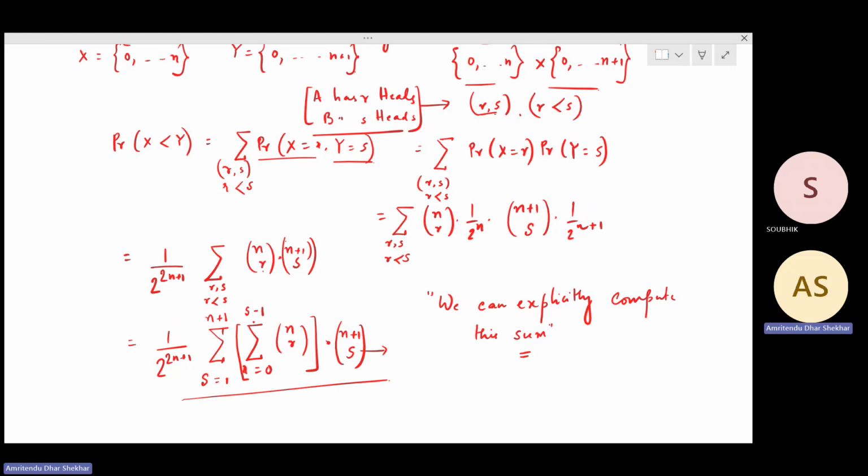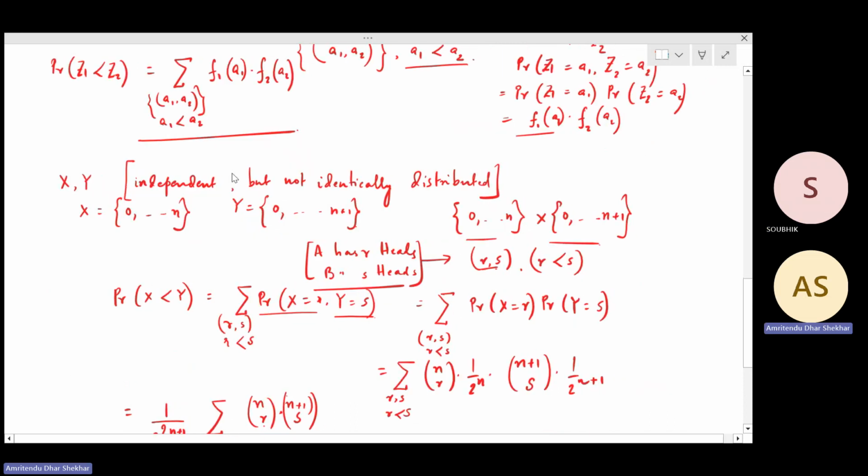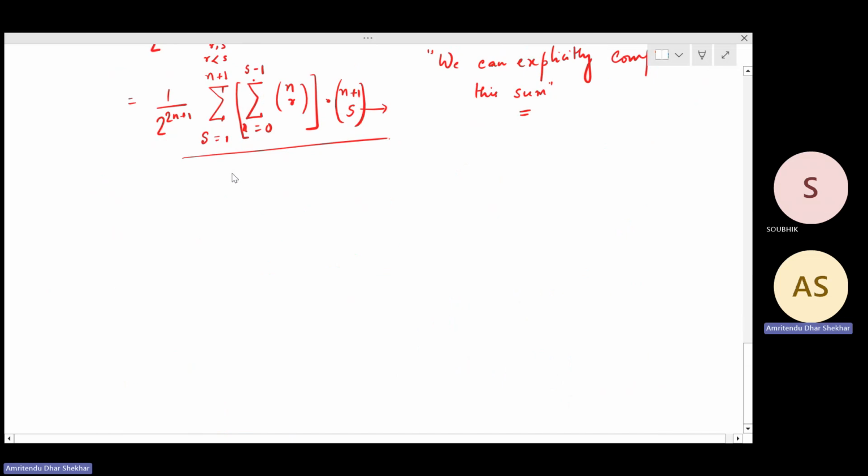So the question is, is there a way to answer this problem without doing explicit computation?